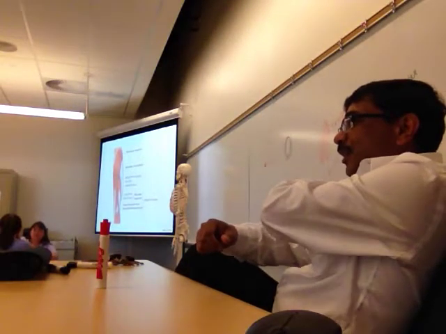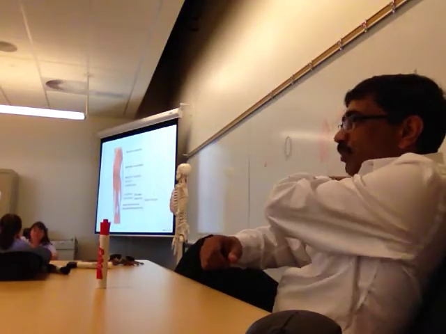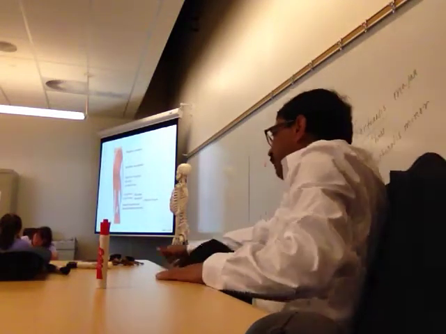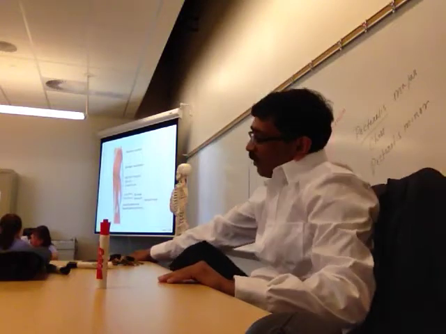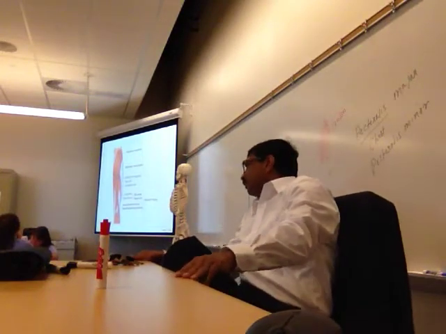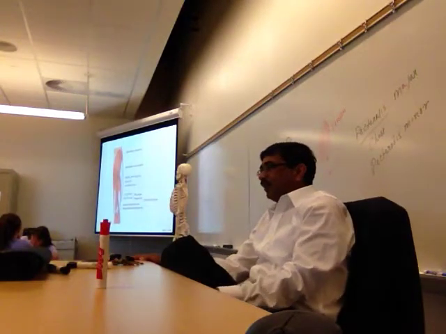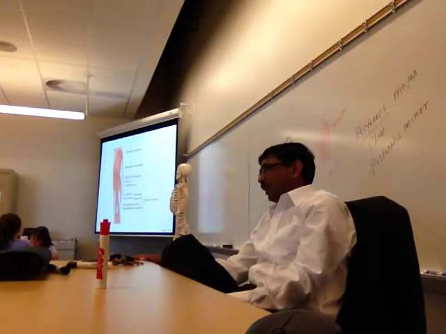Here. Which muscle is here? Delta shape. Deltoid. Okay. So deltoid and gluteus maximus are often preferred for intramuscular injection because those are huge muscles.